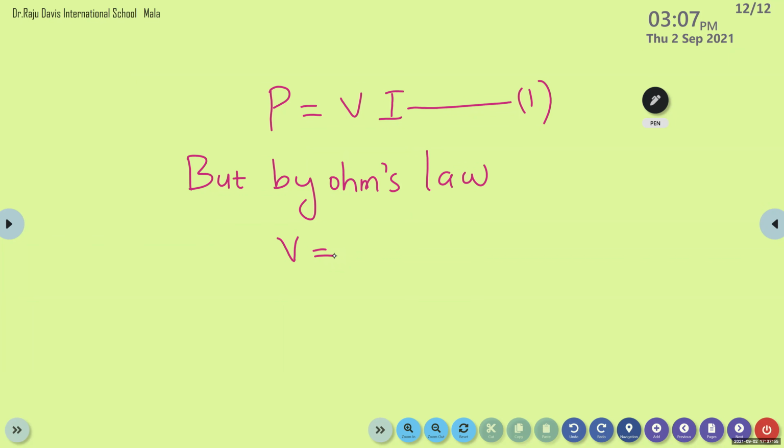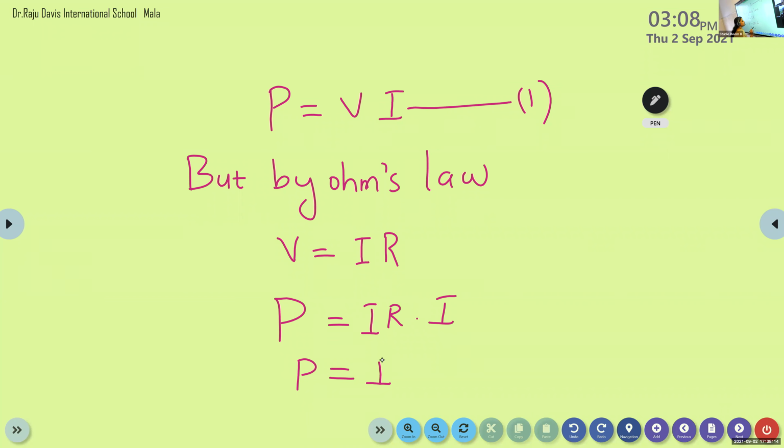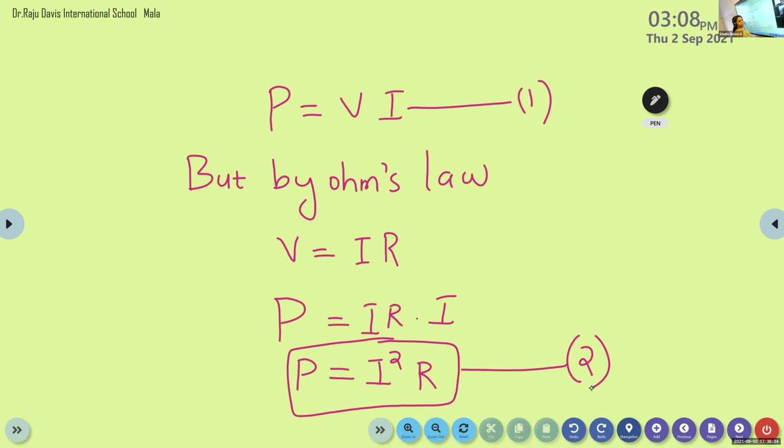V is equal to IR. Therefore, equation 1 becomes P is equal to IR into I, or we can write P is equal to I square R. Very good. This is the second equation for power.